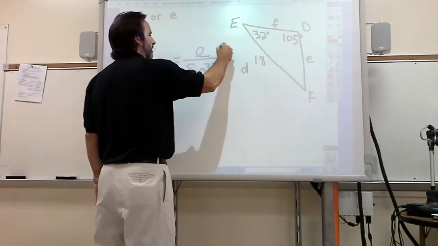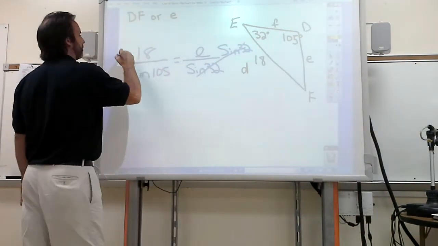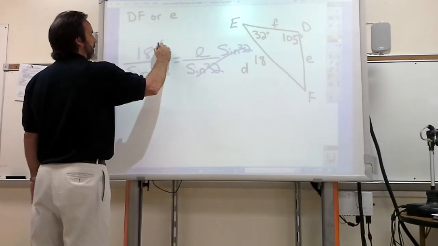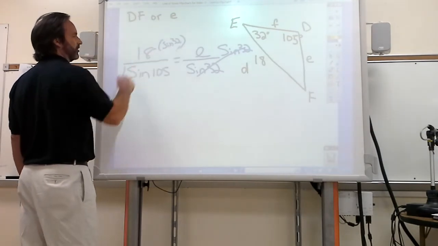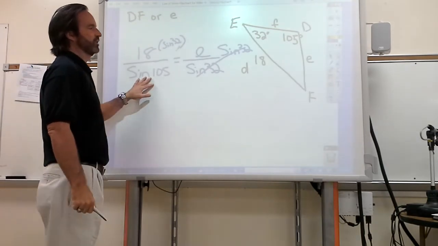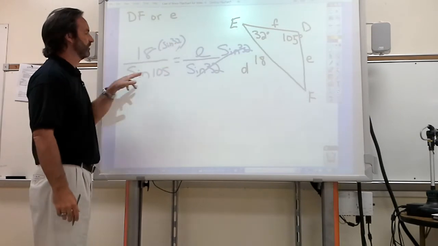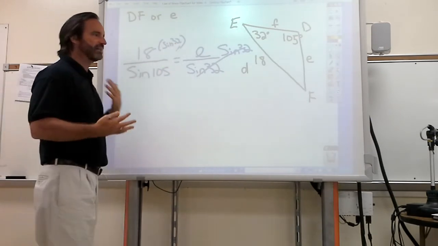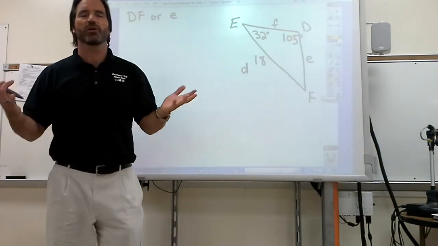I'm going to multiply. This will cancel out. So I'm just going to multiply over here by sine of 32. So 18 sine of 32 divided by this. You know you're going to cancel that out and just do 18 sine of 32 divided by sine of 105. That's an example. Okay, there's more I could give you, but that's pretty much in a nutshell.